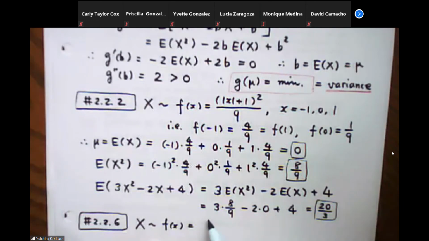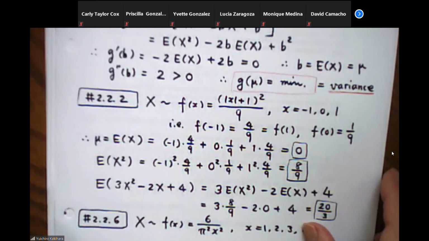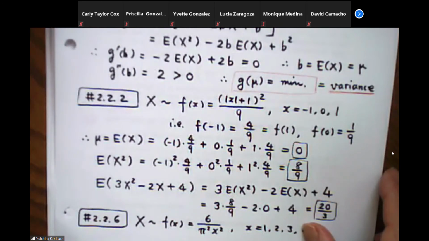In this case, the probability mass function is given by 6 divided by pi squared x squared, and x is equal to 1, 2, 3, dot, dot, dot, up to infinity. Now it looks weird. Why do we have 6 over pi squared? There's a reason.